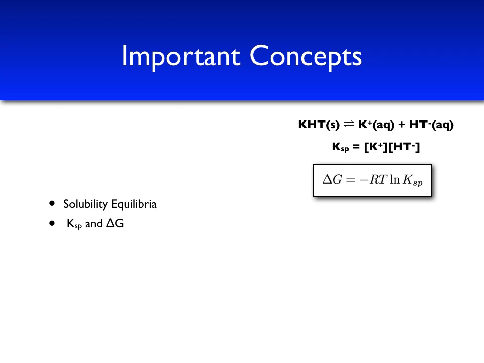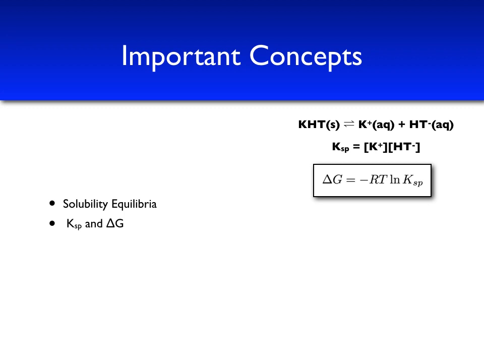The Gibbs free energy change tells us about the spontaneity of a process. Processes or reactions with a negative delta G are spontaneous, or occur as written without work being done on the system. If delta G is positive, then that means that the reaction is non-spontaneous.